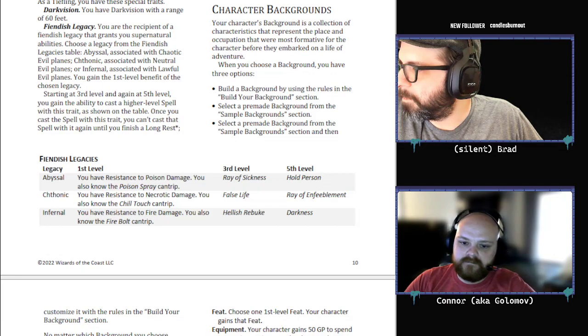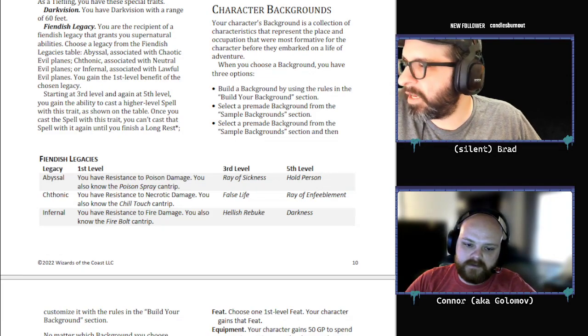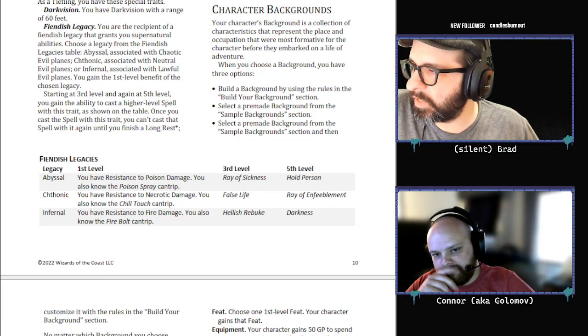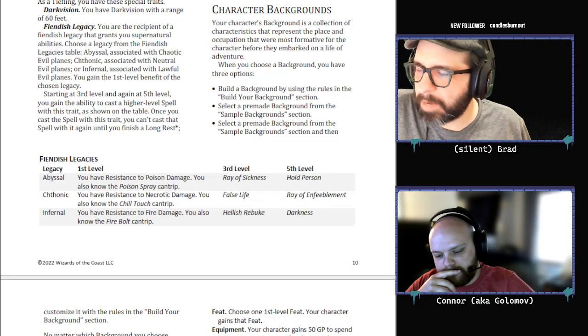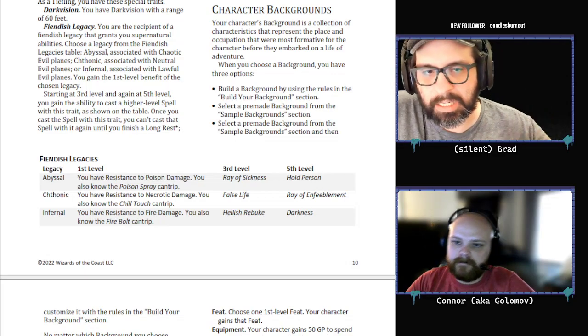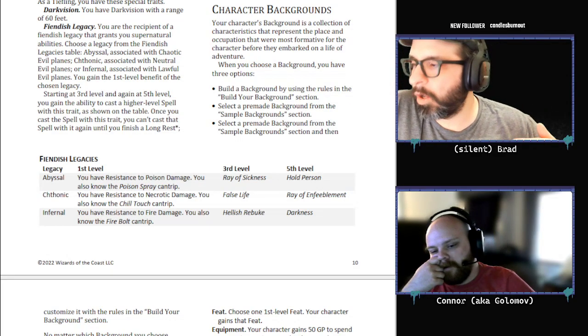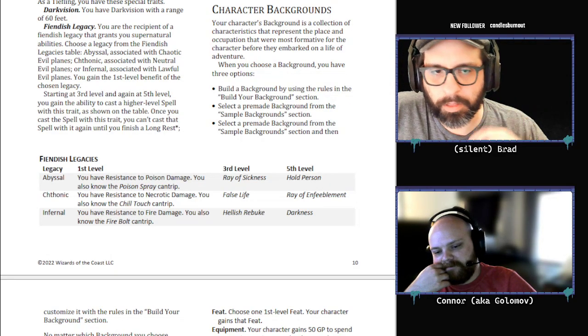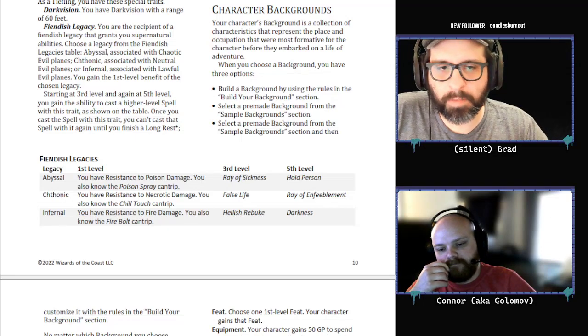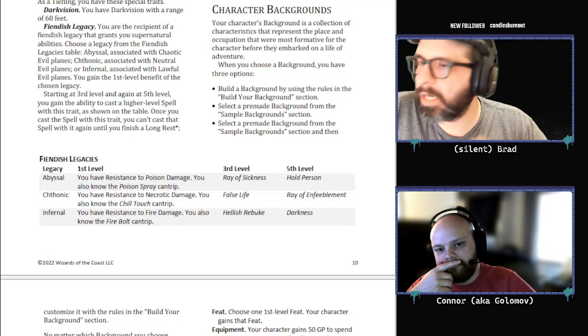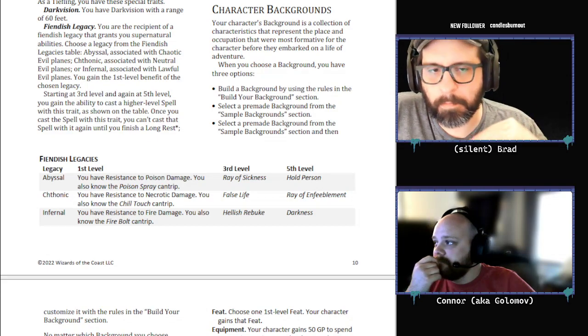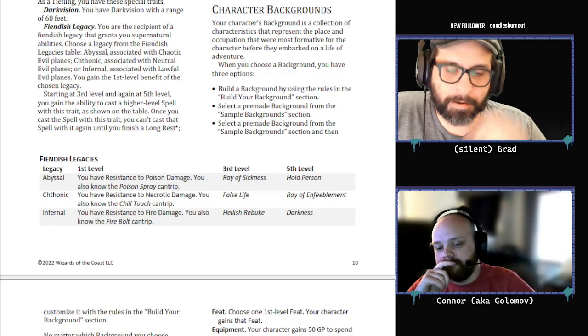So even in standard 5e, customizing a background is the default. You are allowed to do that without it being a house rule, without it being an optional rule. Customizing a background is base 5e.